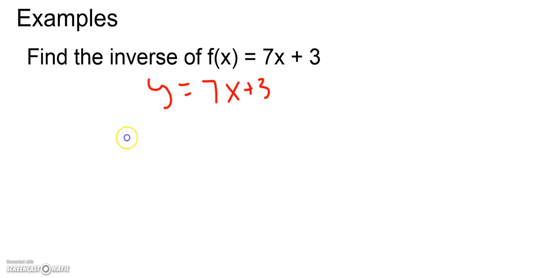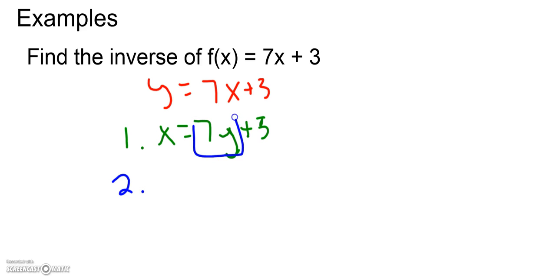Okay, so my first step is to switch my x's and my y's. So I'm going to write x equals 7y plus 3. Alright, your second step is to solve. So if I want to solve for y right here, then I need to subtract 3.